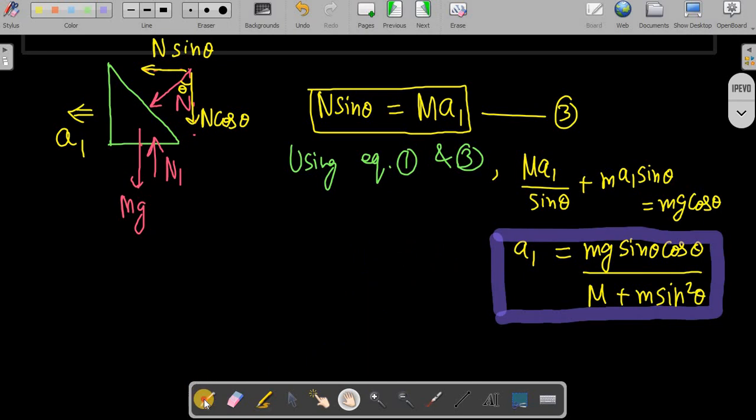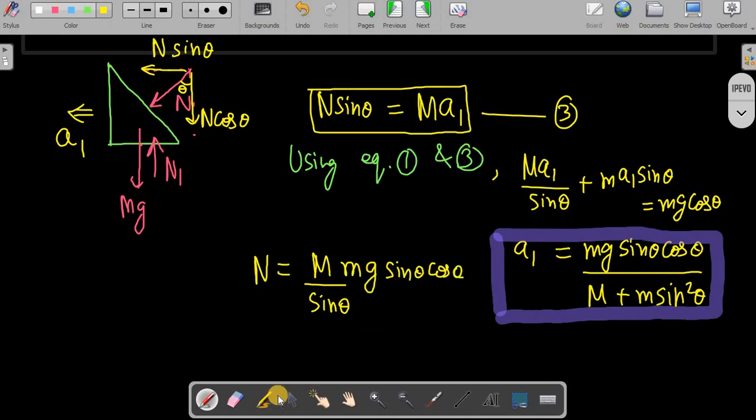Okay, once you know a1, you can calculate this normal also if you want. The normal which is acting, substitute here m a1 by sin theta into a1. A1 is this, right? So multiply small m g sin theta cos theta by M plus m sin square theta.